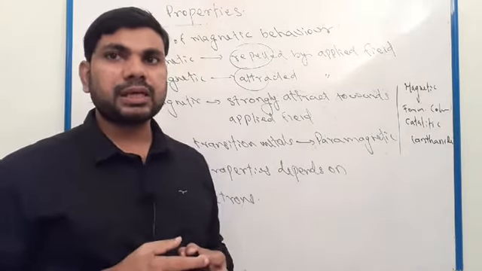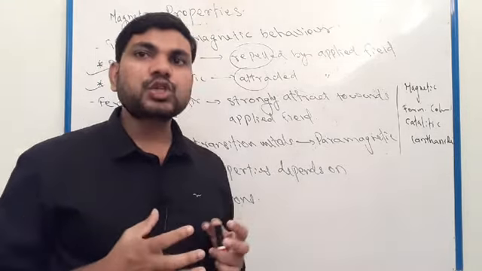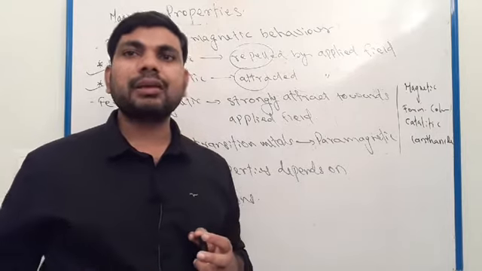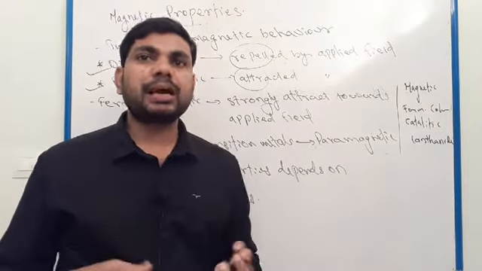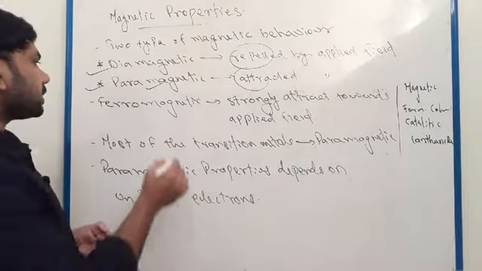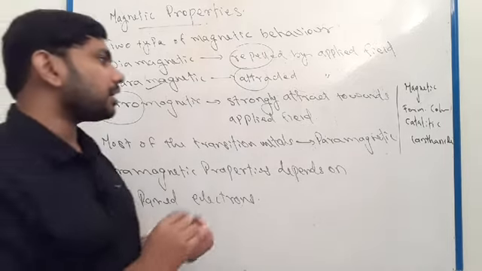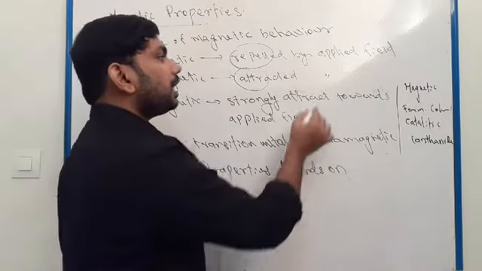A substance that will attract very strongly towards the external magnetic field, such type of magnetic property is called ferromagnetic. Ferromagnetic substance means the substance will attract very strongly.